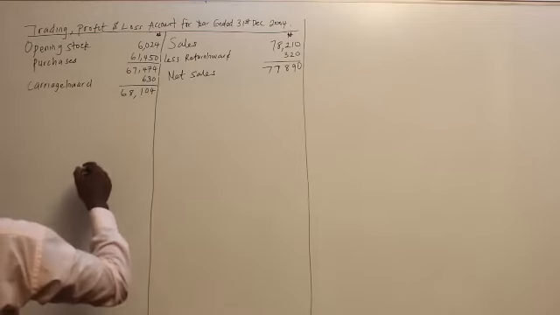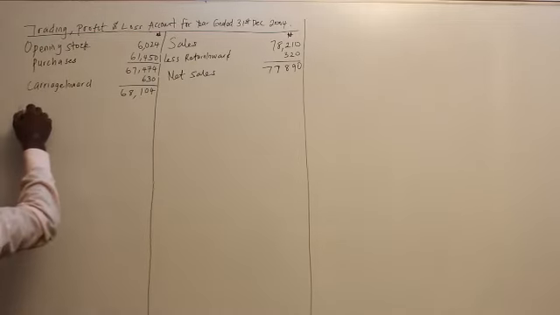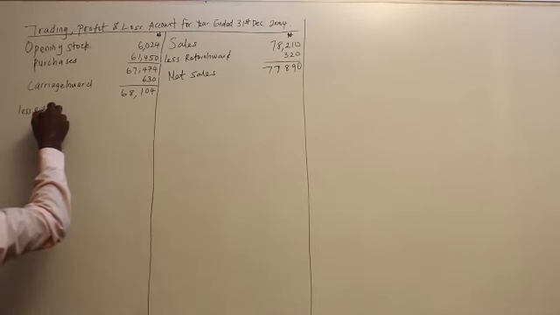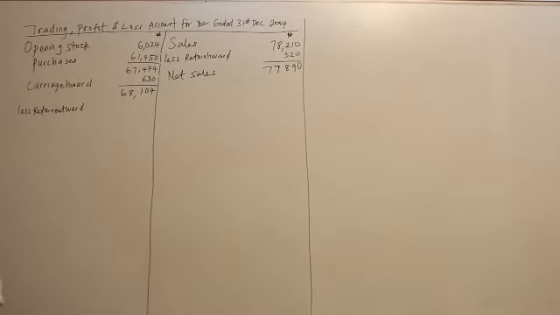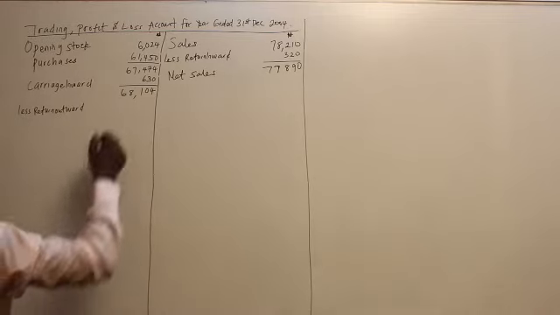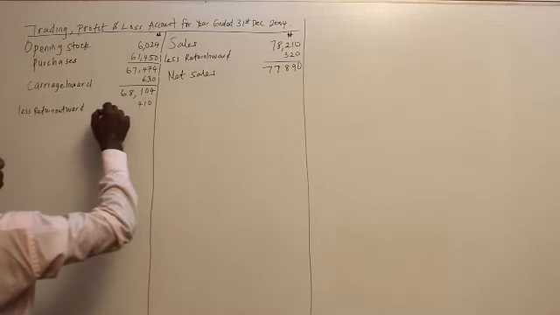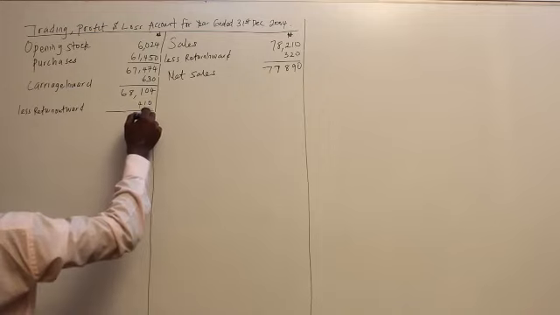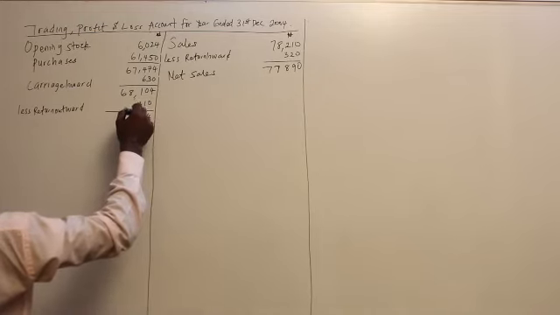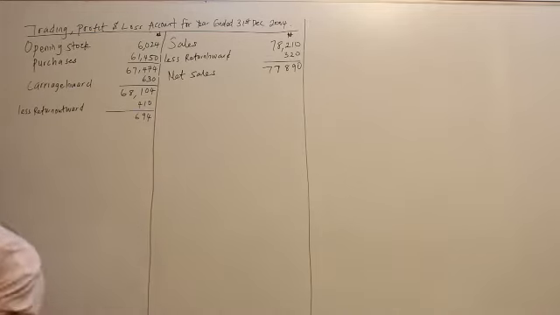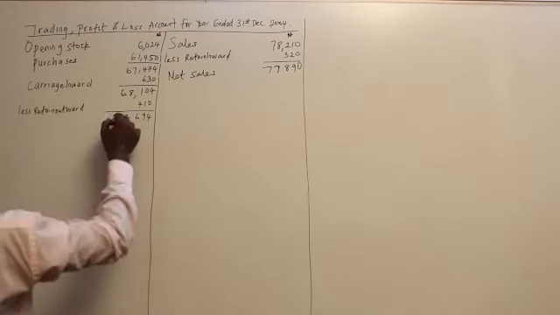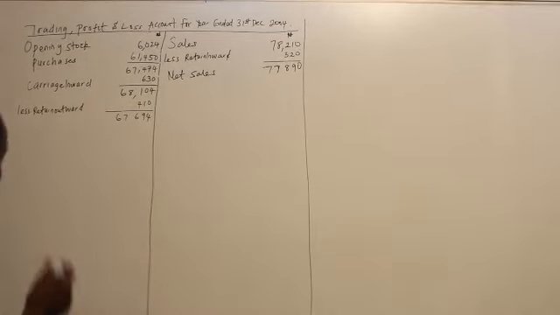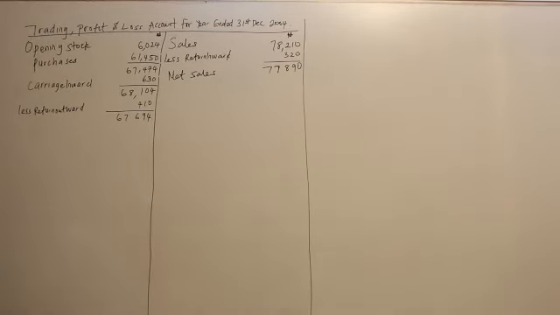So we have less return outward, and our return outward is 410. So we have the cost of goods available for sales.